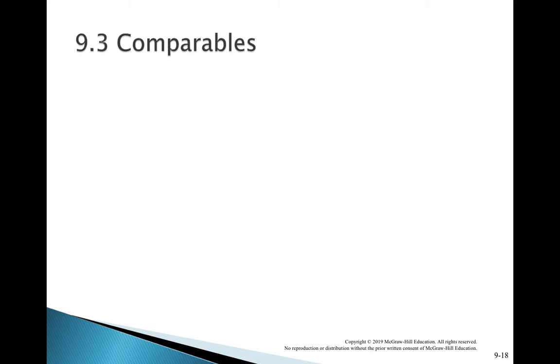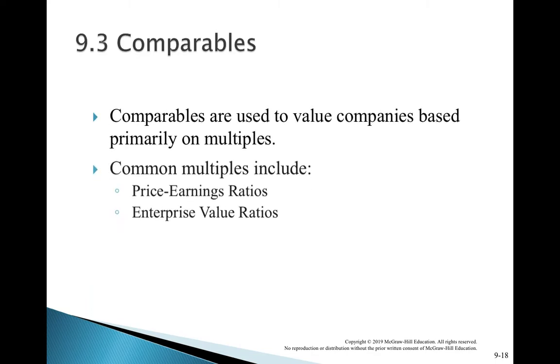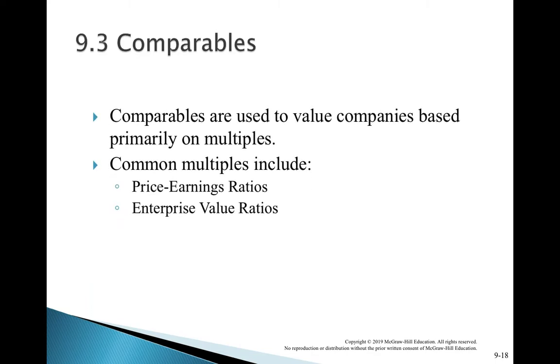There are many different comparables available like price earning ratio, price to book value ratio, price to sales ratio, price to cash flow ratio, enterprise value ratio. There are multiple comparable ratios used by the analyst. The more you use, the more concrete a conclusion you can give.